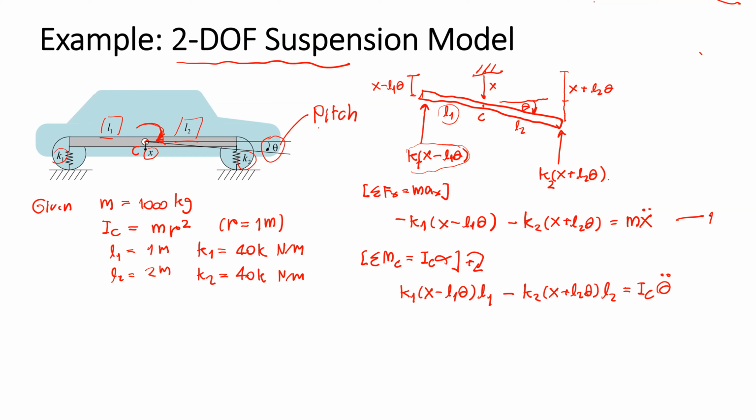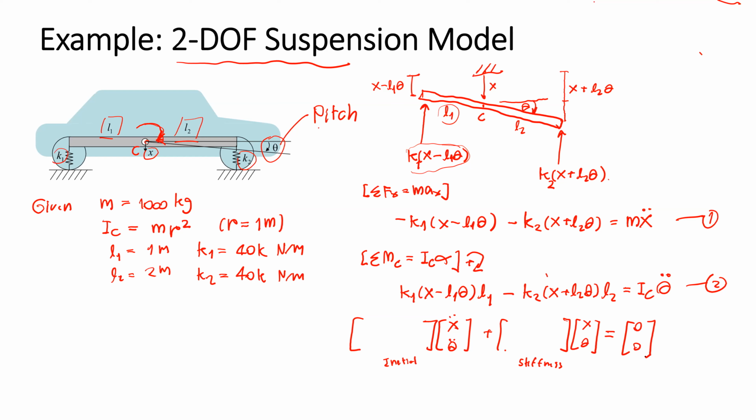So from this equation, from all of today's class, we know how to write the equation of motion in the matrix form, in terms of the inertia matrix and in terms of the stiffness matrix. In this case, the force vector is equal to 0.